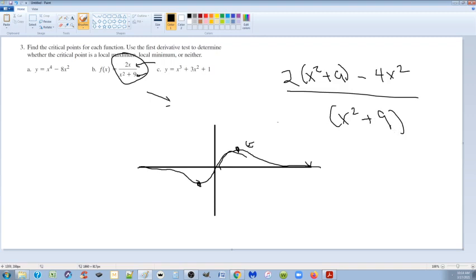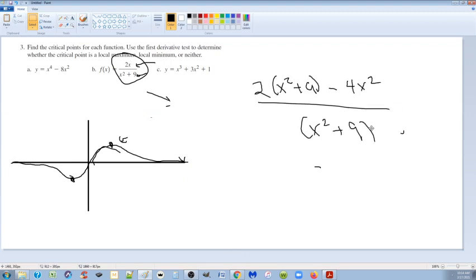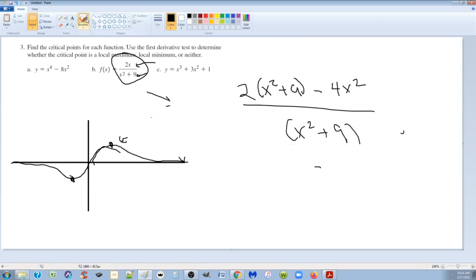Now that's enough to discover what I need to discover. If I want to, I can just set that equal to 0 and figure it out. But I'm going to expand it. And now I'm going to set that equal to 0.